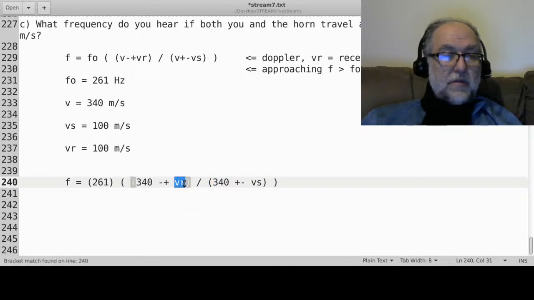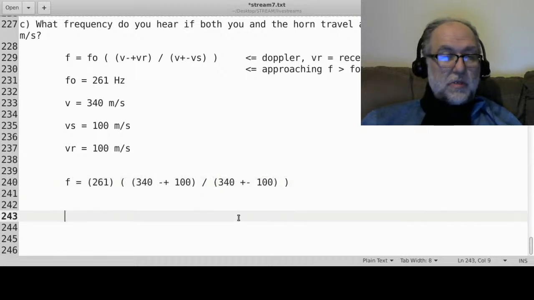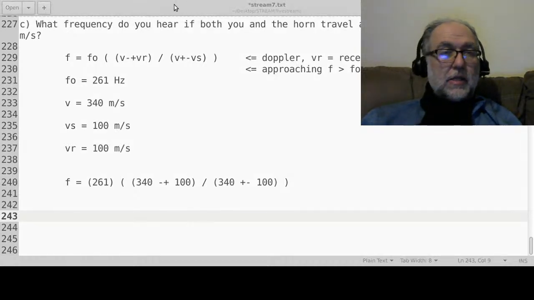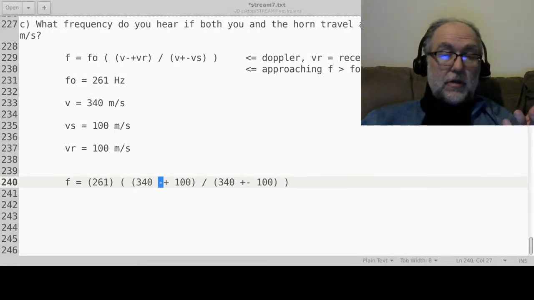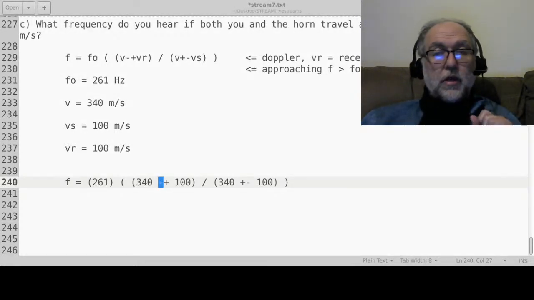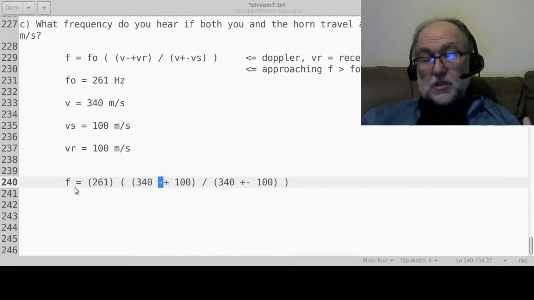Okay, and the receiver is traveling at 100 meters per second, and the horn is traveling at 100 meters per second. And so you say, okay, well, if I choose a negative here, that makes a smaller denominator. Numerator. If I choose a negative there, you get a smaller numerator, and a smaller numerator means a smaller f.